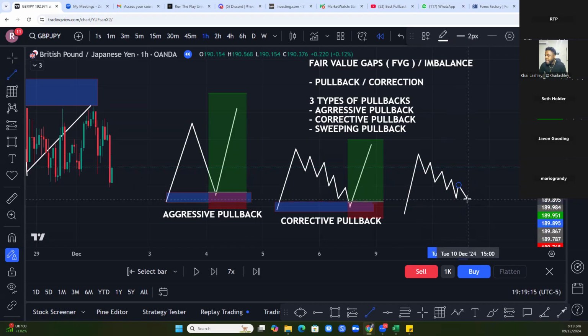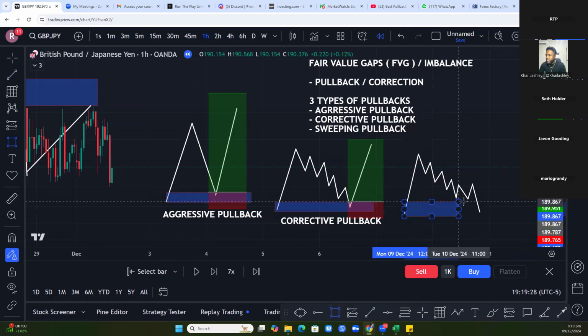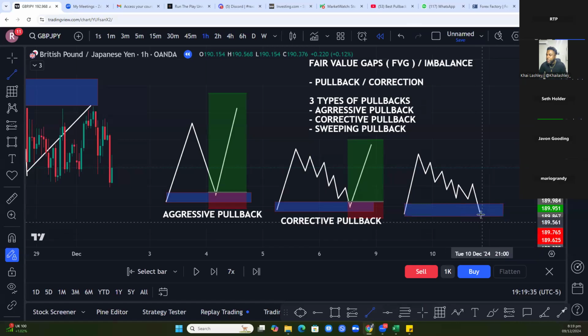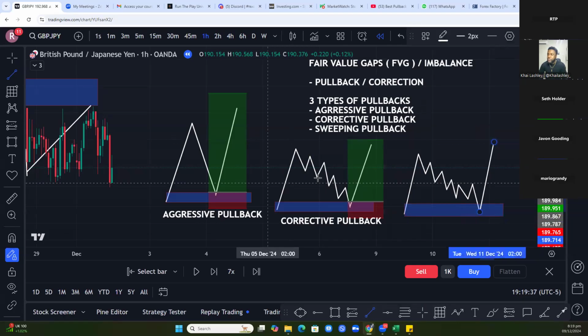Let me get something looking like this, and then this. Boom. And then we get our push up. Why do you guys think it's called a sweeping pullback?